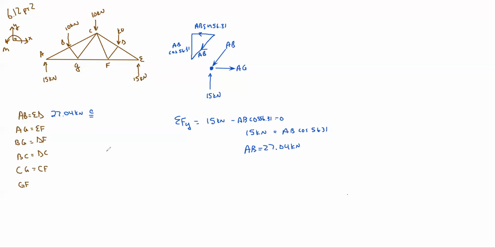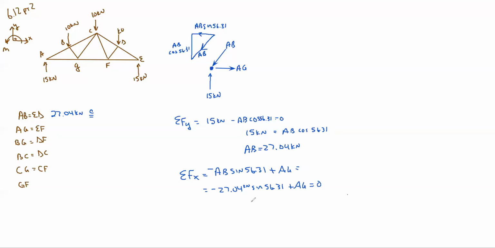In the X direction, we would end up with negative AB sine 56.31 plus AG. We know that AB is 27.04 kilonewtons, so 27.04 sine 56.31 plus AG equals 0.